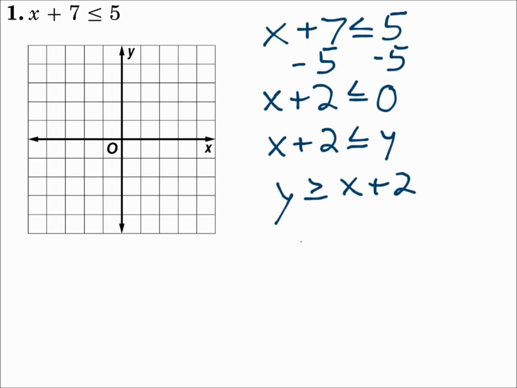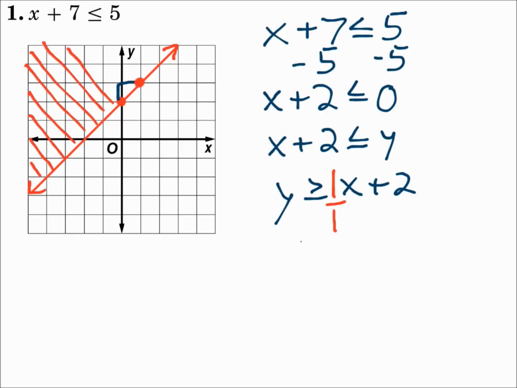Now graph. The y-intercept is 2. The slope is 1, which is 1 over 1. We'll rise 1, run 1. Since it's equal, it's a solid line. And since it's greater, it's shaded above. Now, the solution is the shaded part of the x-axis.